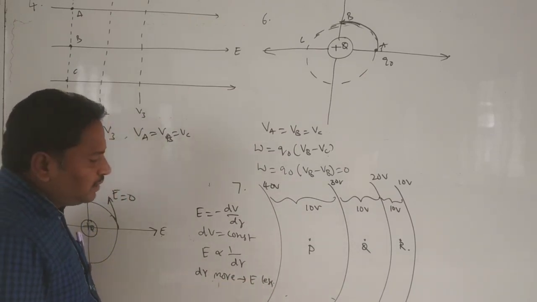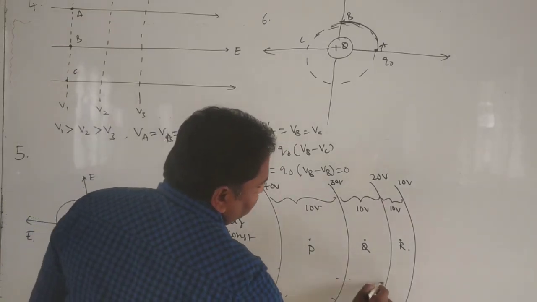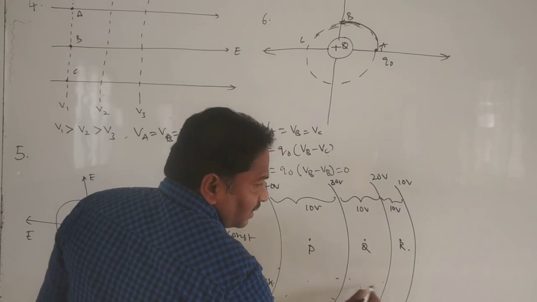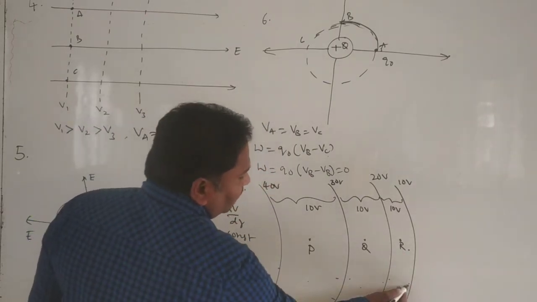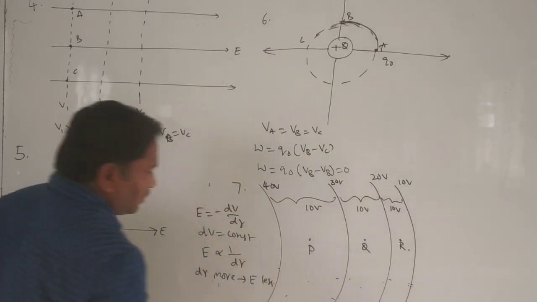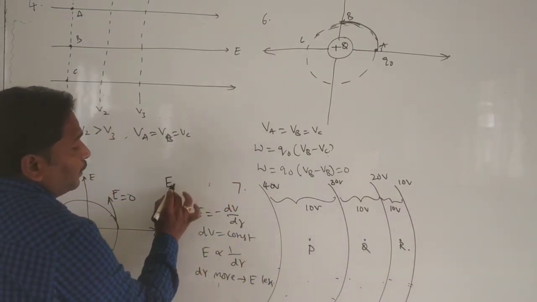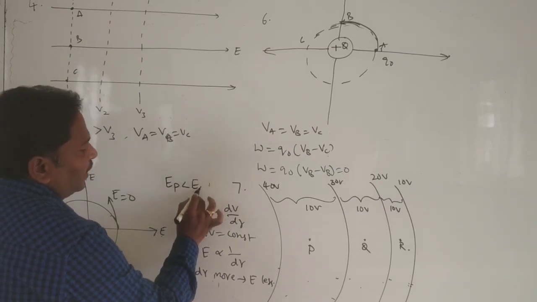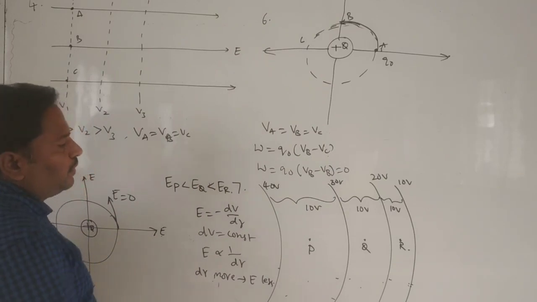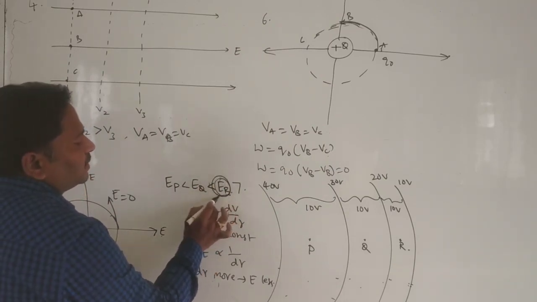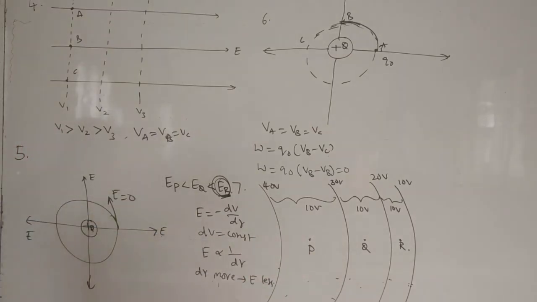Here the separation is more. Here the separation is less compared to this. Here the separation is very less. So the electric field at P is less than the electric field at Q, which is less than the electric field at R. So the electric field at R is very much greater than in the other two regions.